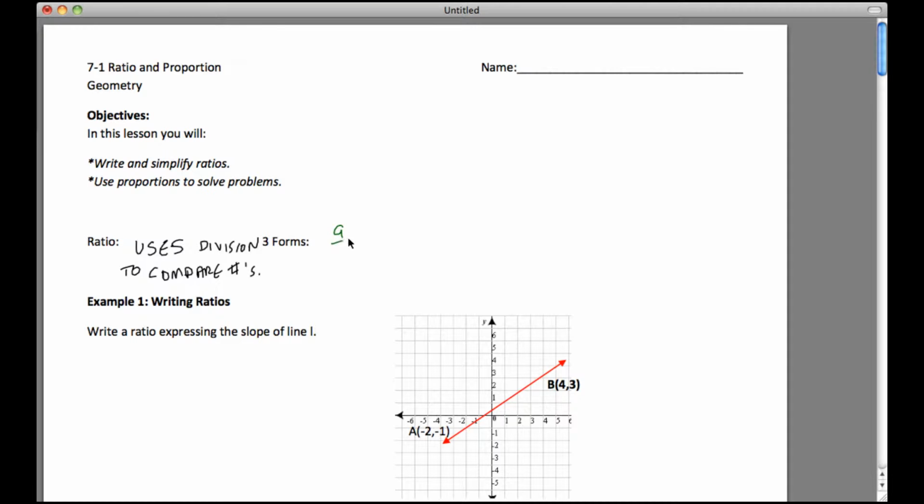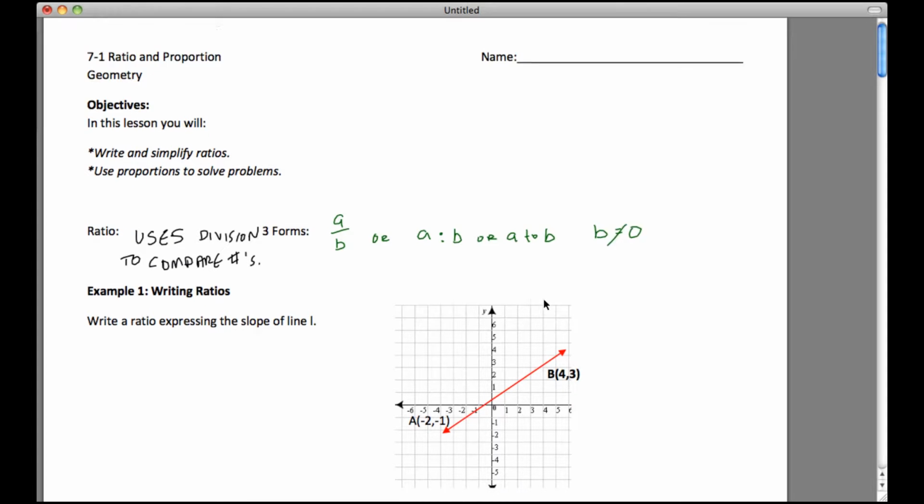We can write them as A over B, or A colon B, or A to B. It's important to remember that B does not equal 0, because we can't divide by 0. Okay, so B does not equal 0. One example of a ratio would be comparing the rise and the run in slope.